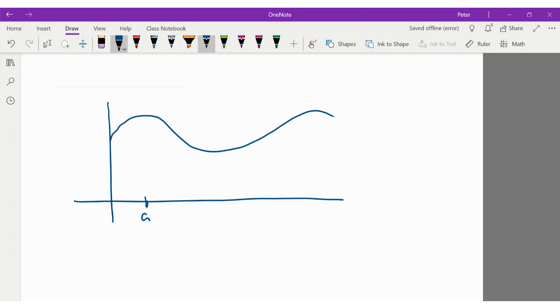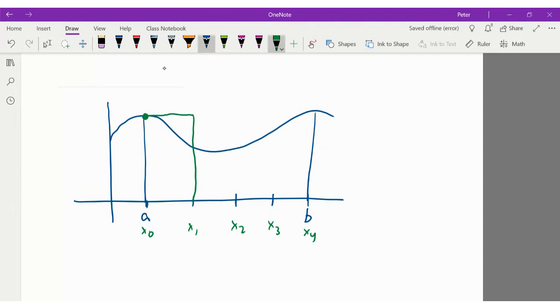So if I have this, it's A to B. If I want the left endpoint approximation, and sort of imagine what that looks like, what I would do is, if this is x0, x1, x2, x3, and x4, I'd pick the left endpoints like that, so that the height of each rectangle is determined now by its left endpoint.